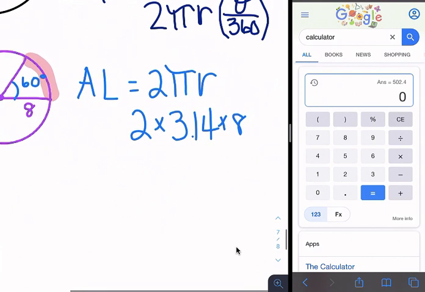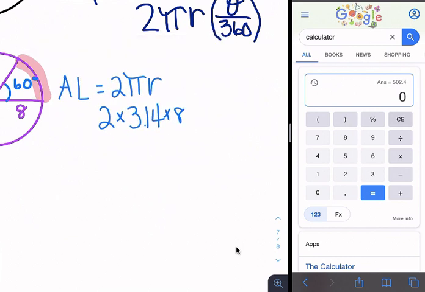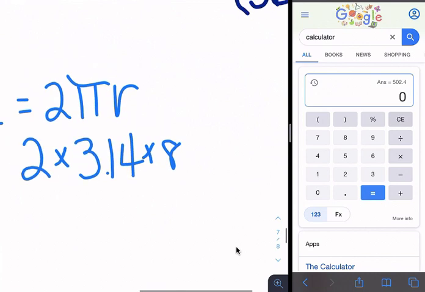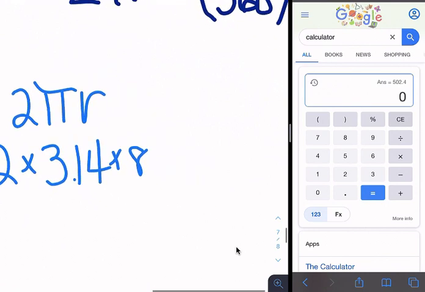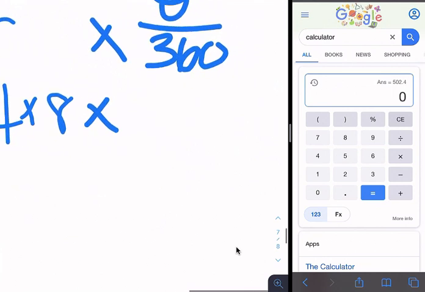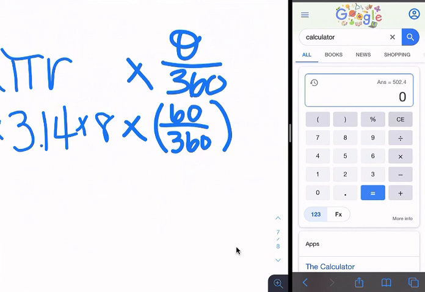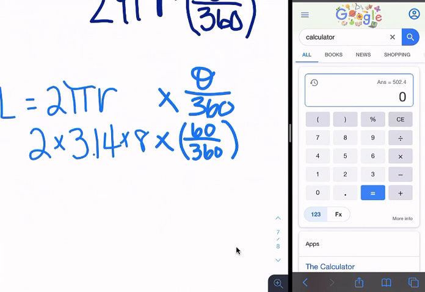And then we're also going to multiply times theta over 360. So our degrees, which is 60, and our total is 360. So here's how I'm going to type this into my calculator.